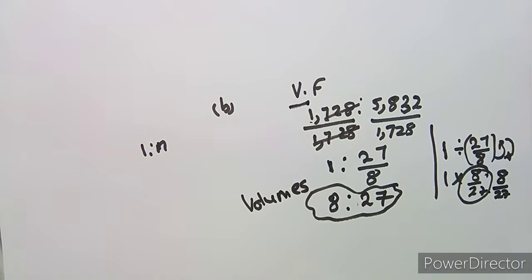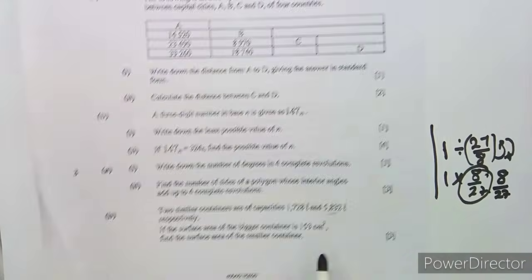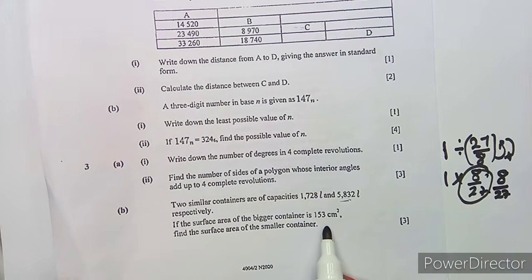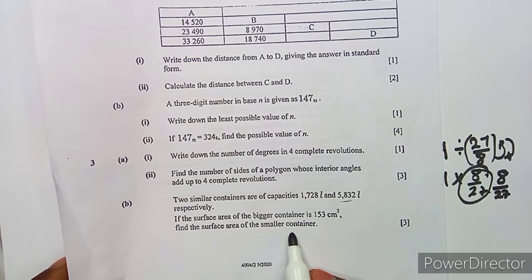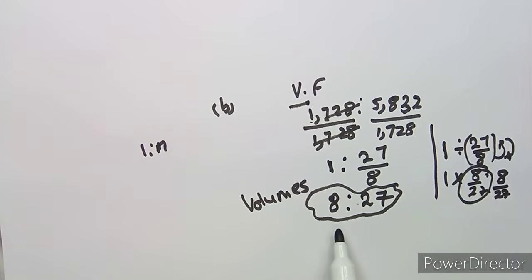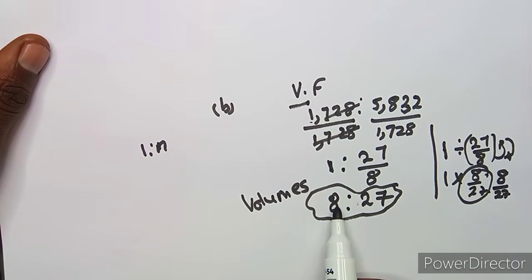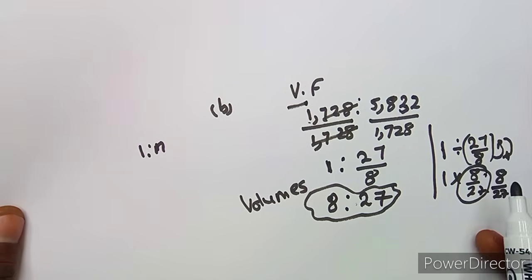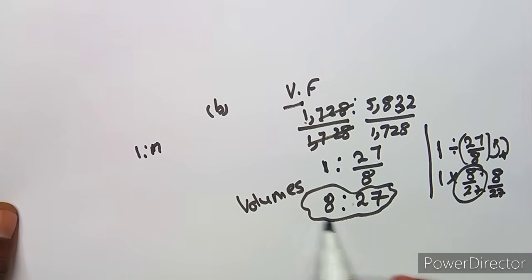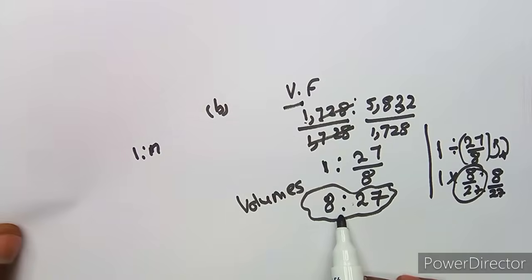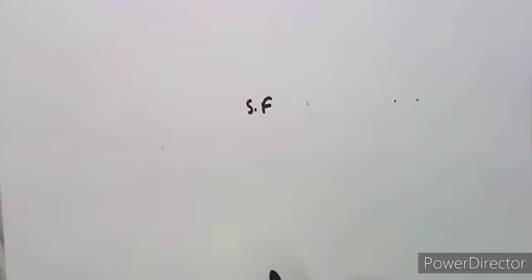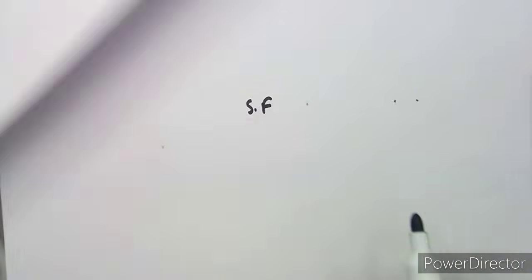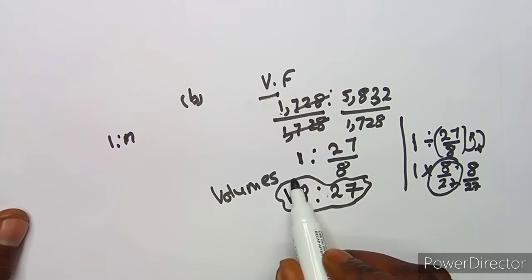But here you are given area, not volume. In order to calculate the area that corresponds to the smaller container, you are going to find the ratio of areas first. How do you find the ratio of areas? From the volume factor. You first find the scale factor, the ratio of size, by introducing the cube root.